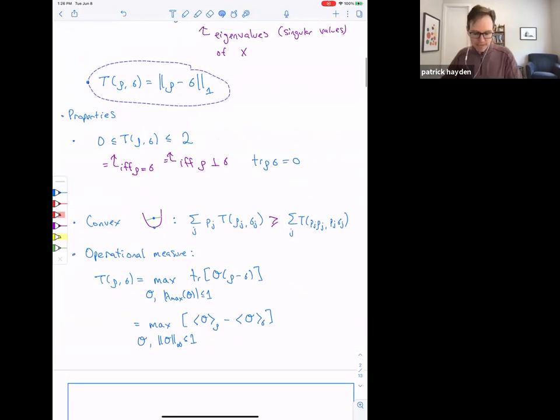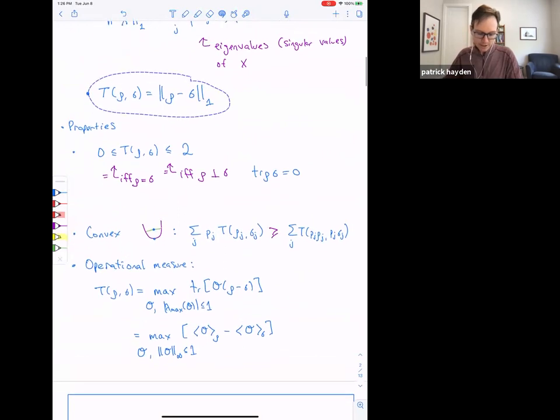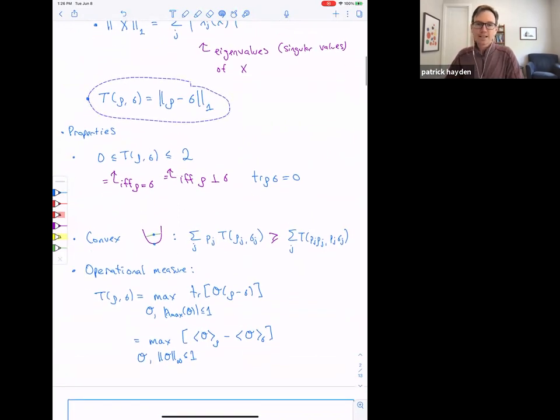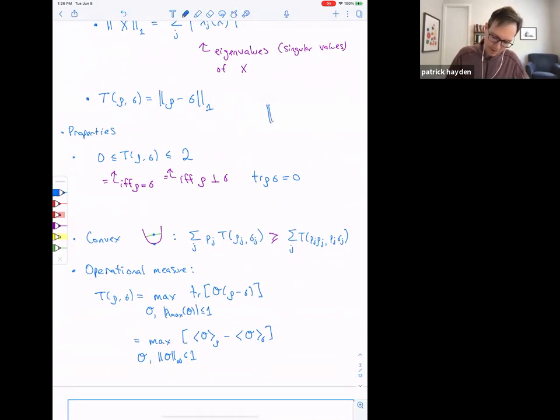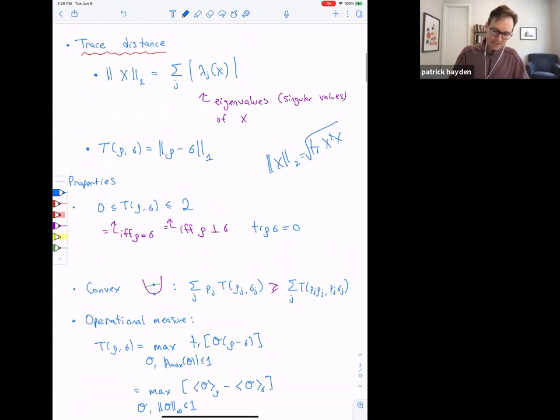Now, when you're working with density operators, you might be tempted to calculate something like the Hilbert-Schmidt distance, using this kind of norm. It's easy to evaluate because it's the trace of the square of something, whereas this norm here is something more complicated.